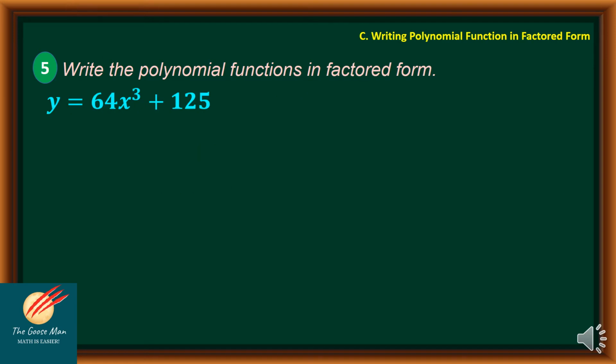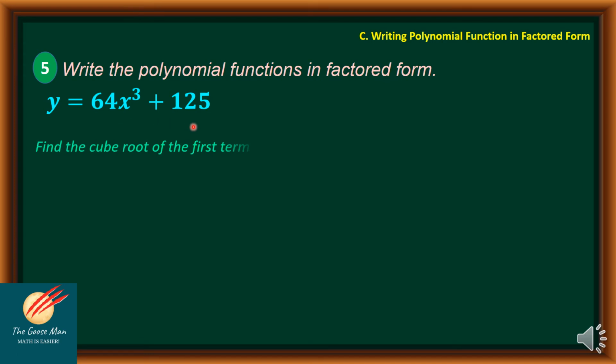Now that we know how to write a polynomial function in standard form, this time let's write a polynomial function in factored form. So let us consider the polynomial function y is equal to 64x cubed plus 125 and write this one in factored form. By inspection, this polynomial function is actually in the form of a sum of two cubes.